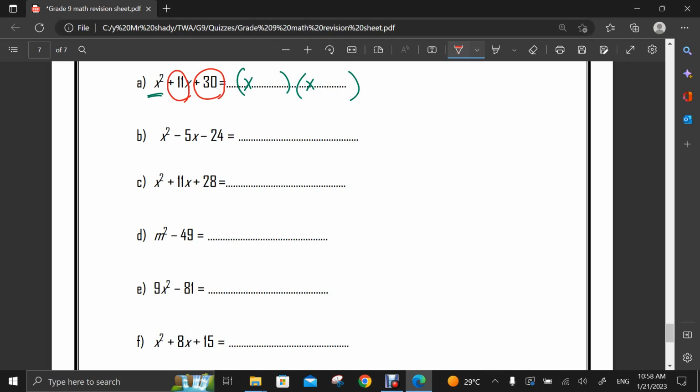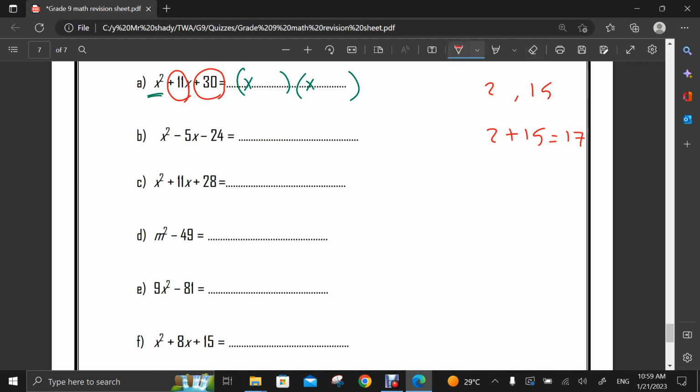So someone says, Mr., okay, two numbers, the multiplication of them 30, 2 times 15 is right. 2 times 15 equals 30, but let's add them. 2 plus 15 will be 17, not 11. So you are going to search for another two numbers and start again.